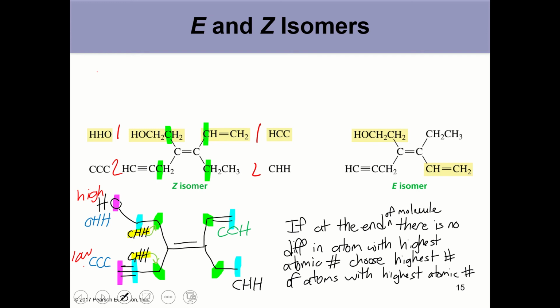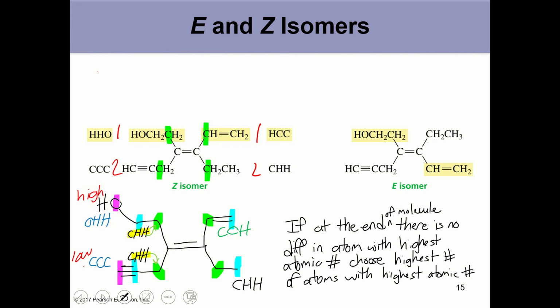I can't go to the next atom out. Those are all hydrogens. The blue carbons are only bonded to hydrogen. Hydrogen is equal to hydrogen. So all we can do at this point is to look at how many of the atomic number 6 carbons I have bonded to that one carbon.